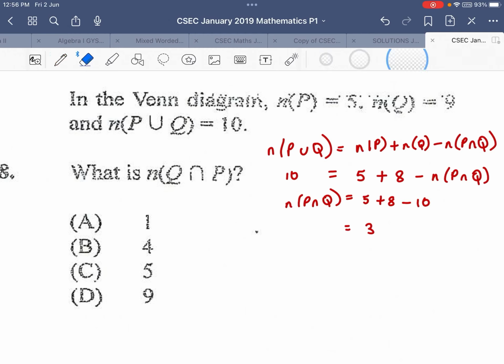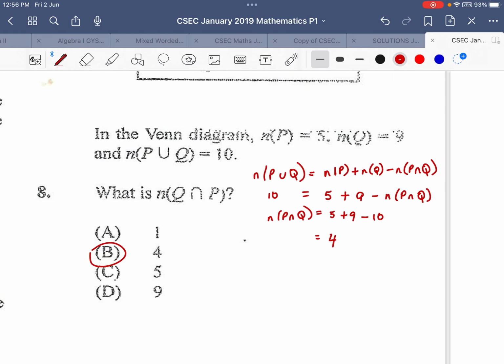Oh, there's a mistake here, 5 plus 9. Misread that. So 5 plus 9 is 14, and 14 minus 10 is 4. So that's a little error there.